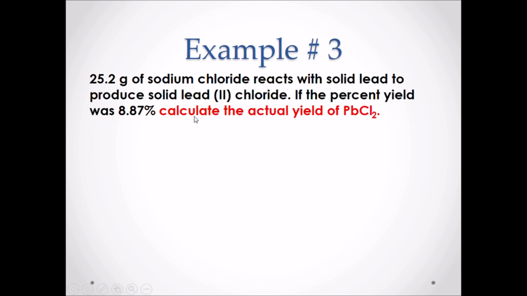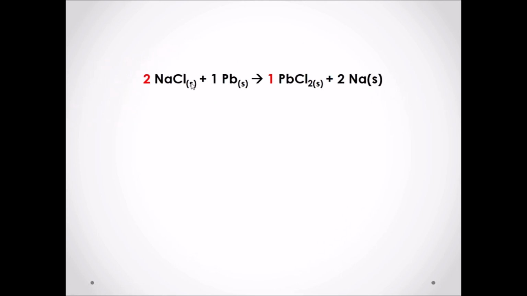To calculate the actual yield of PbCl2, we first need to find the theoretical yield of PbCl2. To accomplish this, we need a balanced chemical equation.